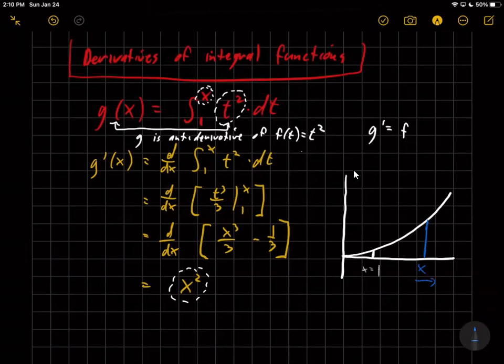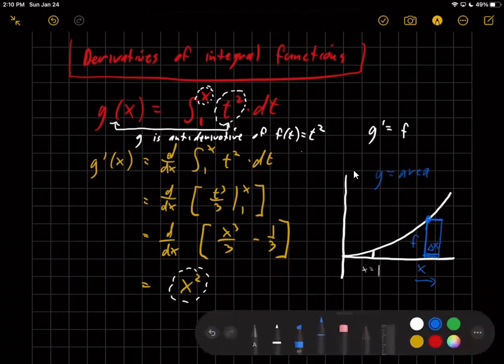Well, g is the area function, so g equals the area. How fast is the area changing? Well, it depends on how fast x is growing. I'm going to draw a rectangle over here, and let's just say that x grew by delta x. The height of this is just the function f.